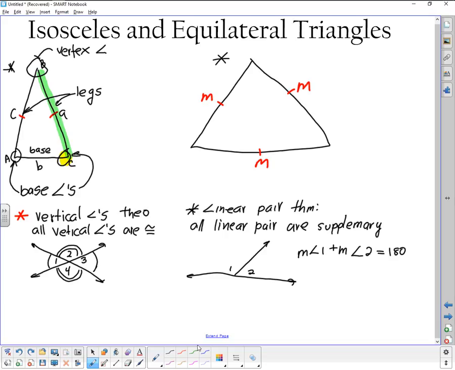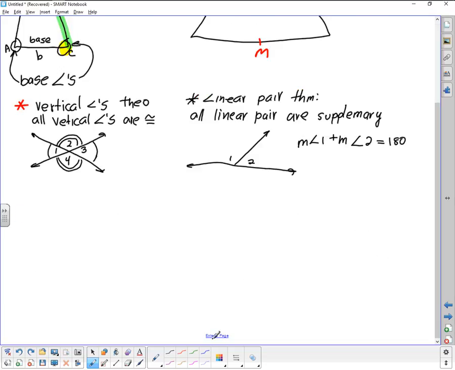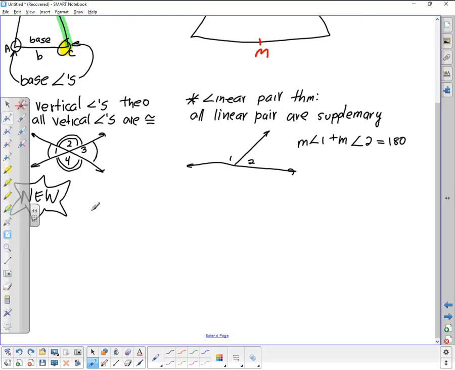And new for today are the following theorems. The first thing I want to talk about is called the isosceles triangle theorem.